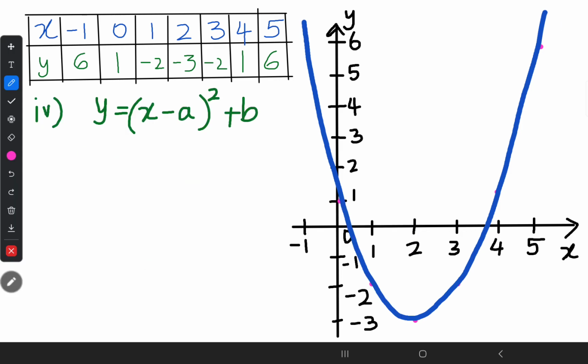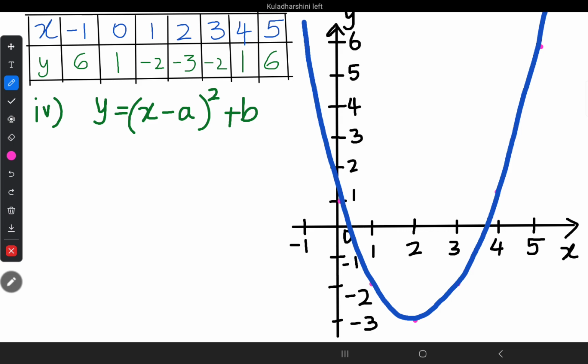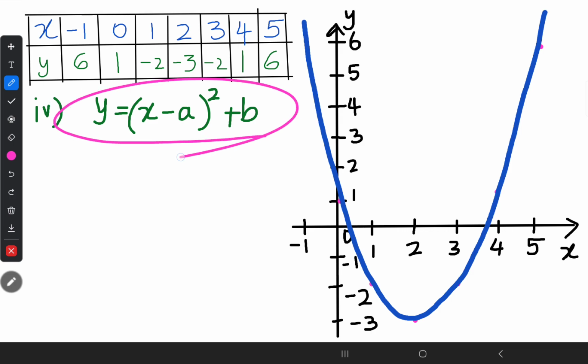Question 3: express the quadratic function in the form y = (x - a)² + b. If they were given the quadratic function, we could factorize it and make it a square and a constant. That's easy. But in this question, they did not give the graph equation, the quadratic equation.